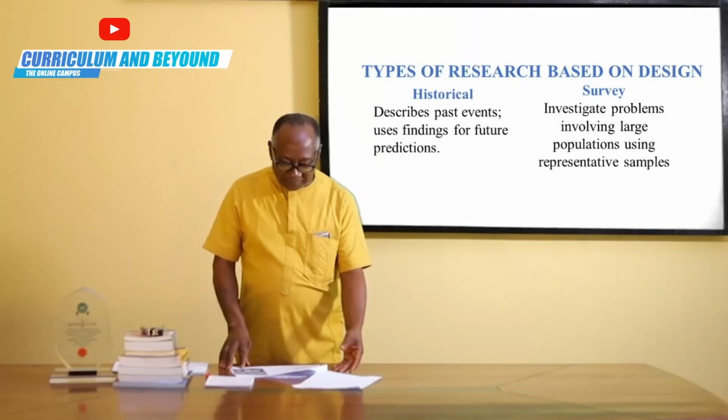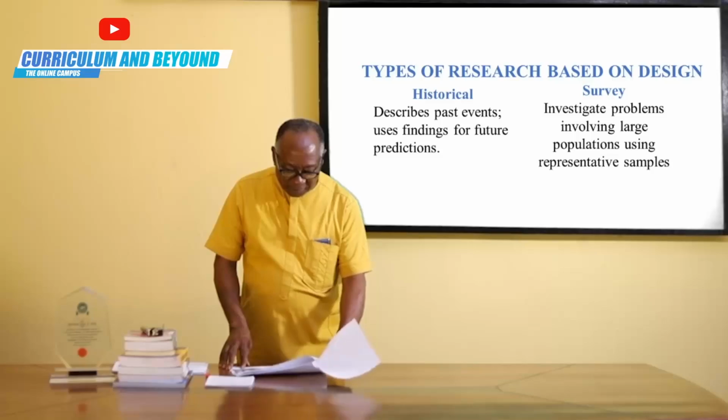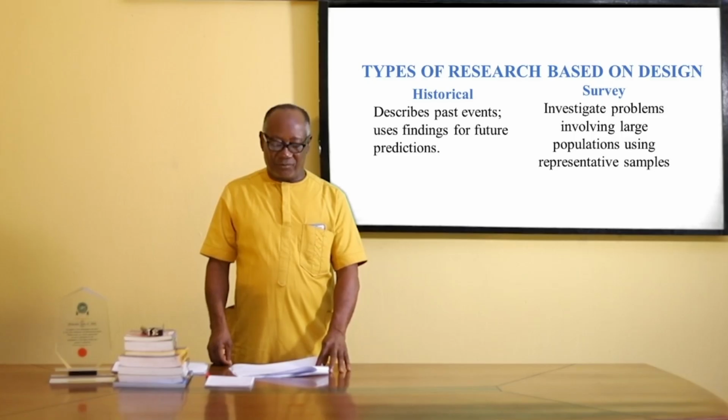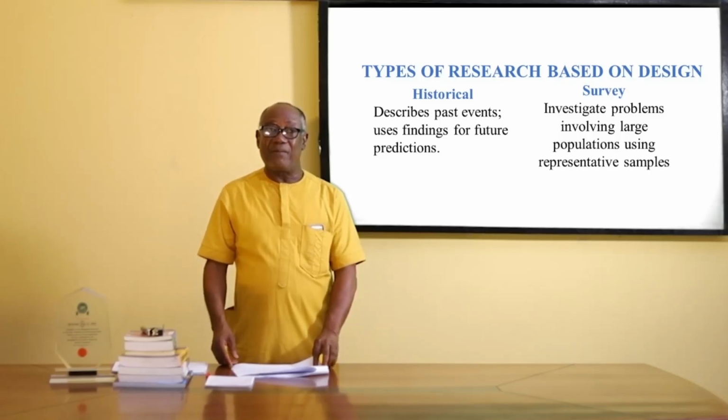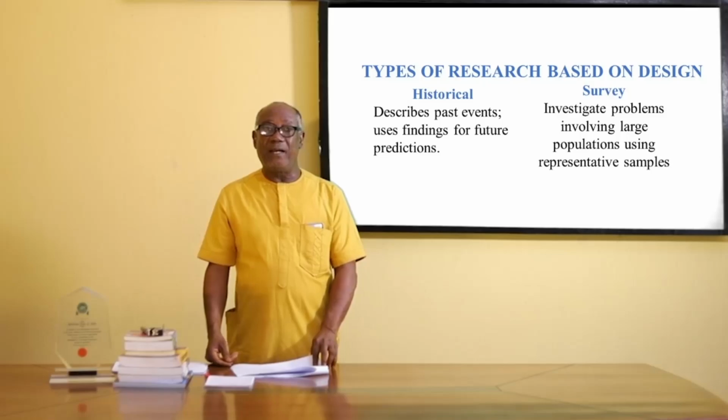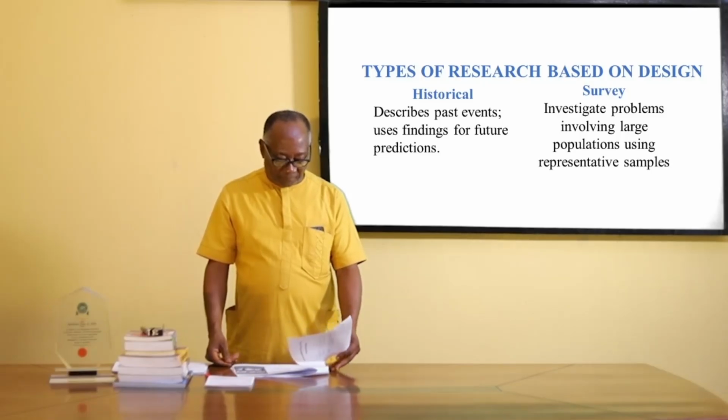Now, survey is also looked at. The purpose of survey is to look at a problem in a large sample of cases. There is no manipulation of variables, and you can generalize your findings from the sample studied to the population from where you drew it.